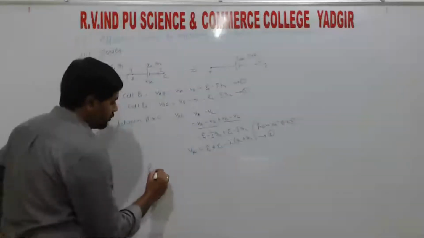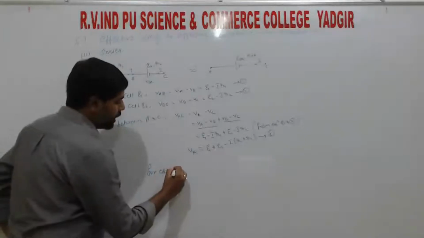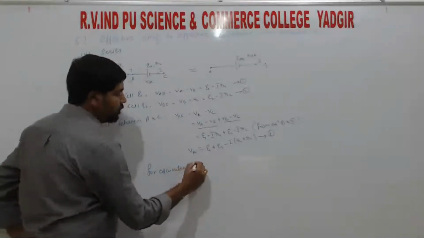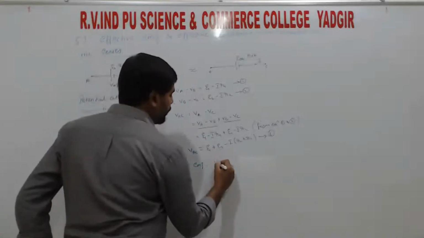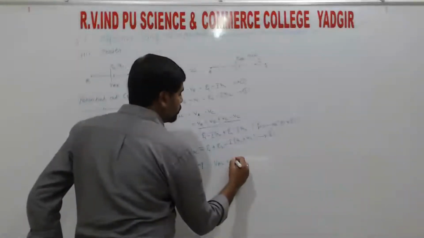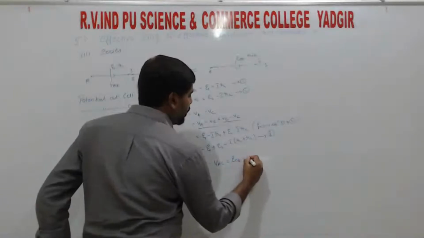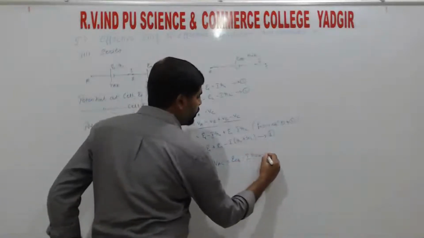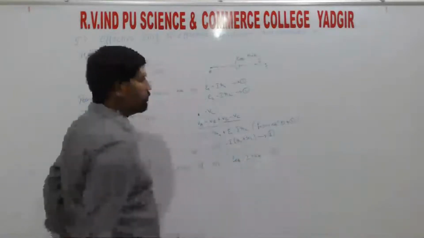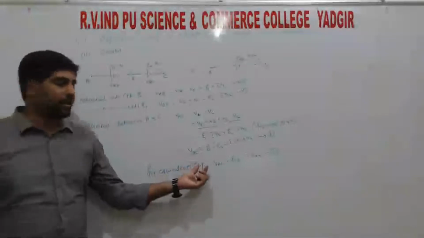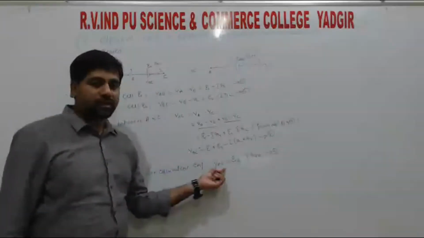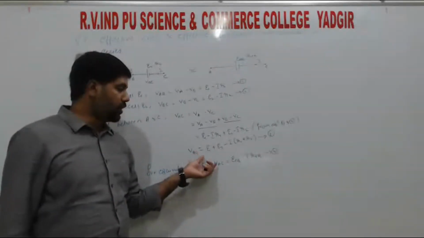For the equivalent EMF, VAC, that is equals to E equivalent minus I R equivalent. So call this one as the fourth relation, right? So compare equation 3 with 4. On the LHS we have VAC, on the LHS also VAC, both are the same, right?